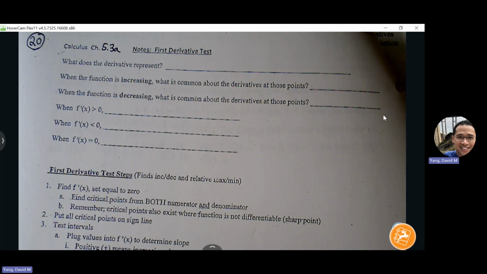Now, I think this procedure you already are pretty familiar with because we've been doing sine lines for velocity, and this is basically the same thing. It's just now from a visual standpoint in terms of how the graph is rising and falling instead of moving left and right along the horizontal line. But the process will feel essentially the same.